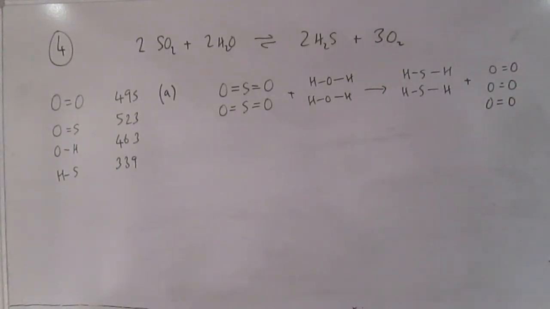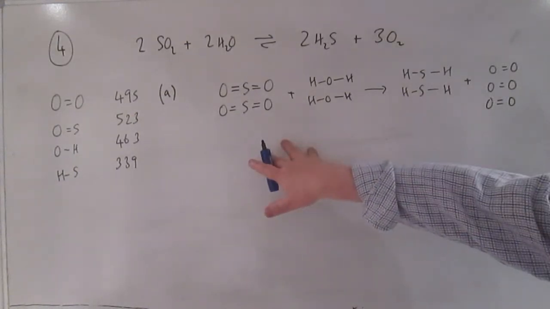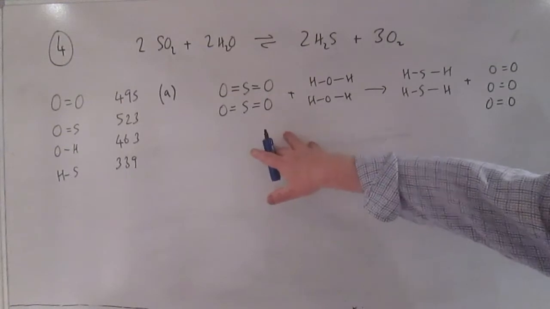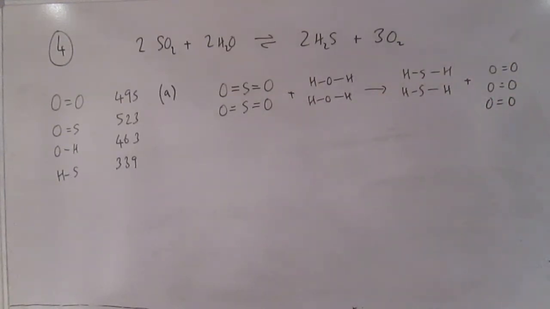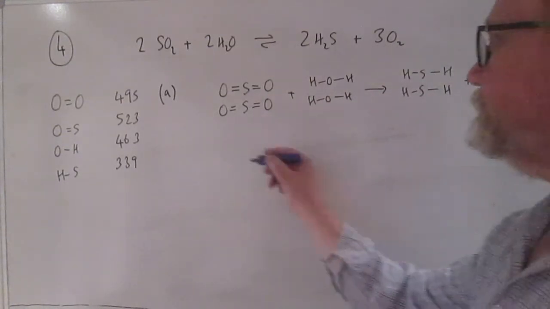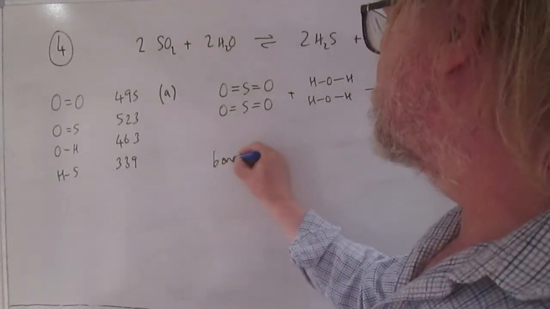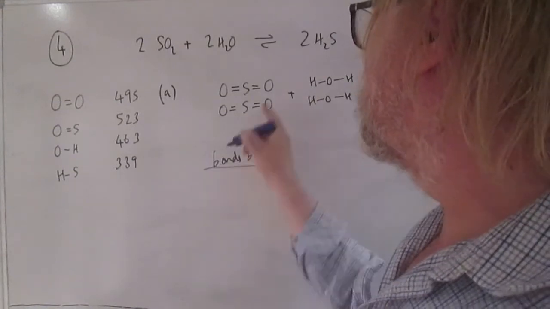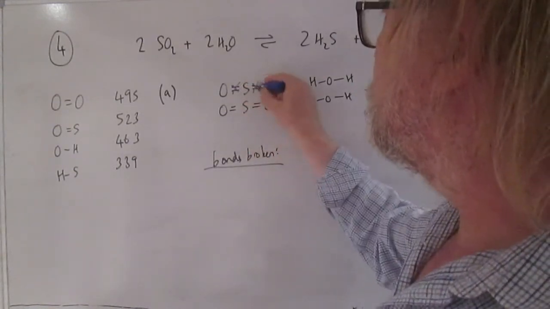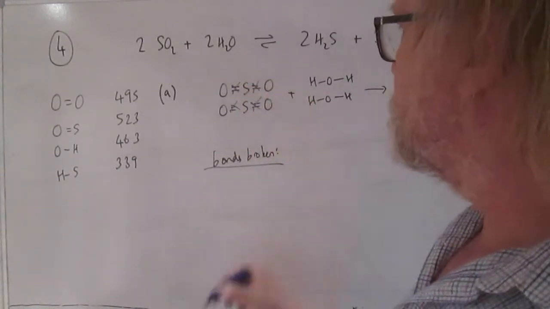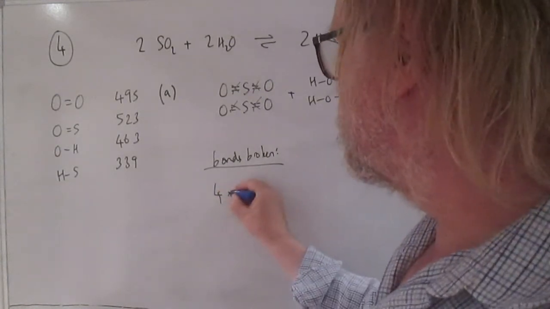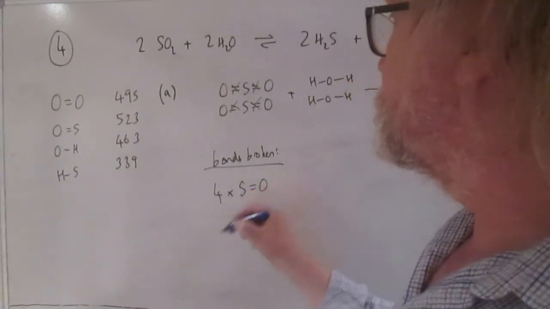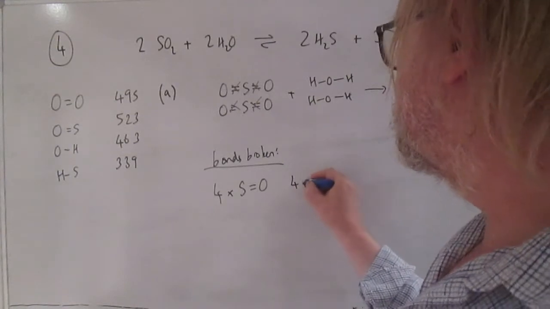So then what we learnt to do was to make a separate total of all of the bonds on the left, which have to be broken, and then all of the bonds on the right, which are going to be formed. So we can write down bonds broken. And we've got 1, 2, 3, 4. Tick them off like that so that you don't miscount them. 4 times S double bond O, which is 4 times 523.